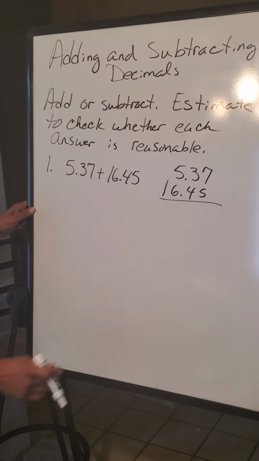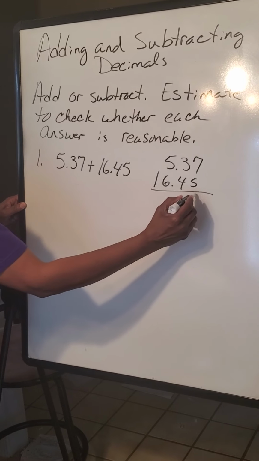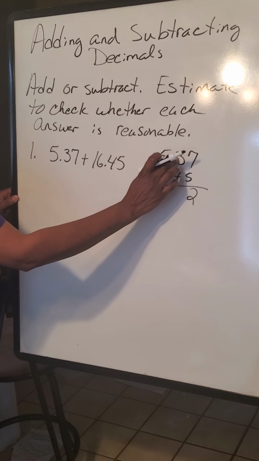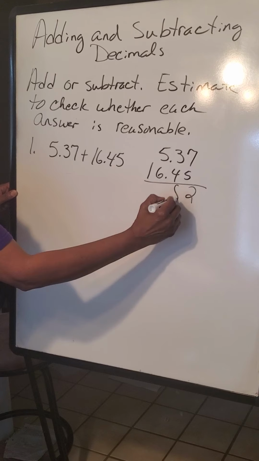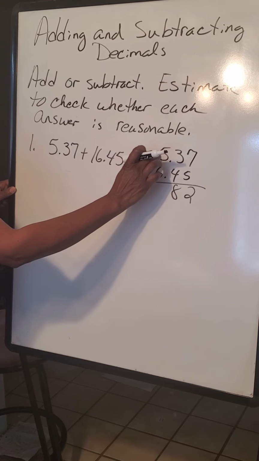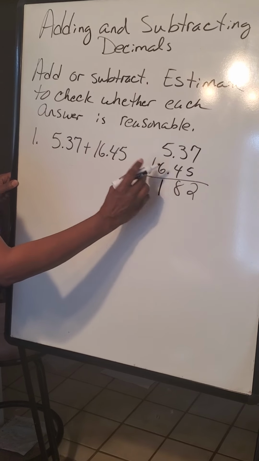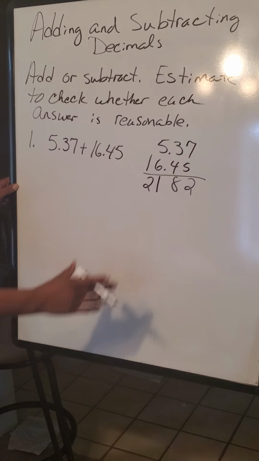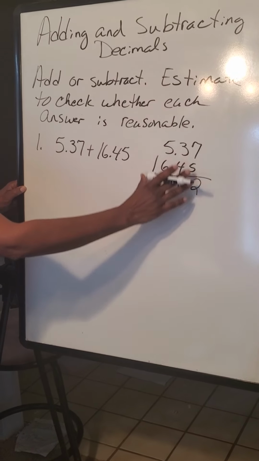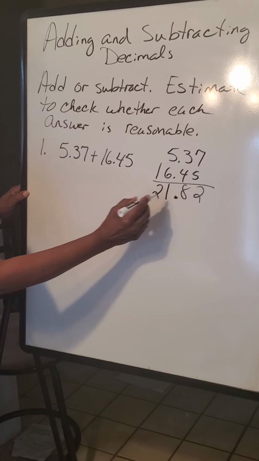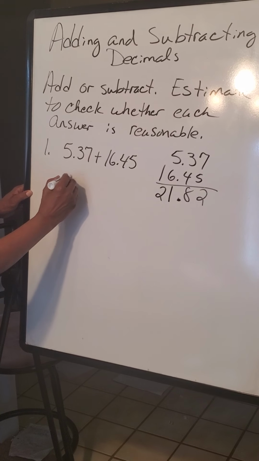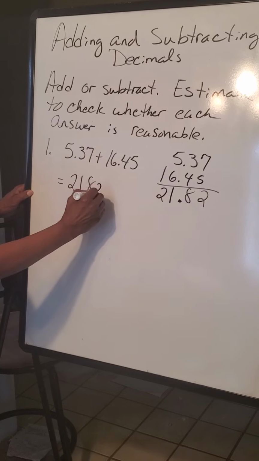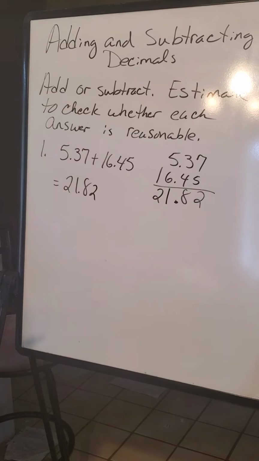As I add, 5 plus 7 gives me 12. 4 plus 3 is 7, plus 1 gives me 8. 6 plus 5 gives me 11, and 1 plus 1 gives me 2. And when you add and subtract decimals, after you add and subtract, you just bring the decimal down.